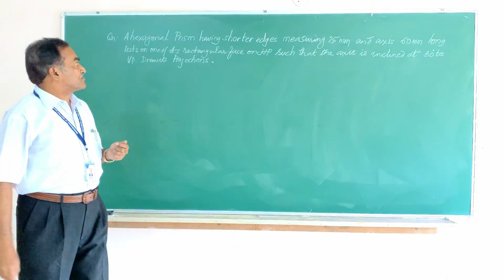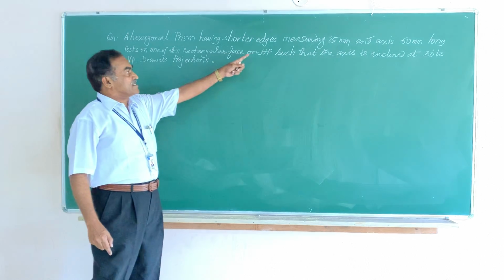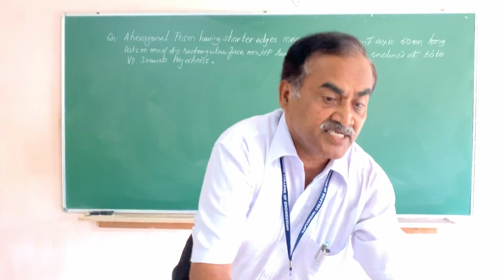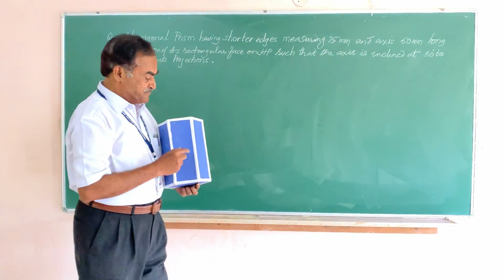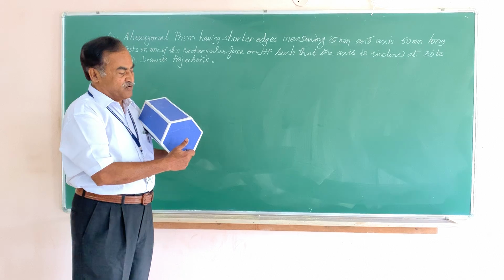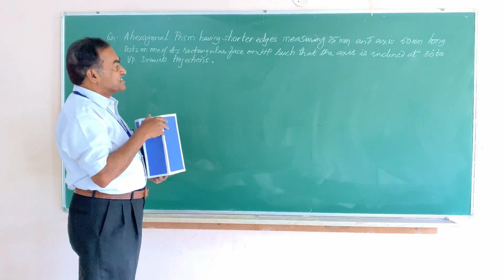Friends, we have this problem running like this. A hexagonal prism having shorter edges measuring 25 mm. That is, this is the hexagonal prism we have got, and the shorter edges are these 1, 2, 3, 4, 5 and 6, and it has got a height of 60 millimeter.